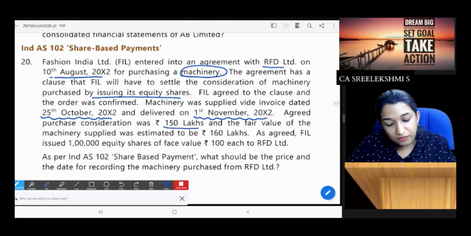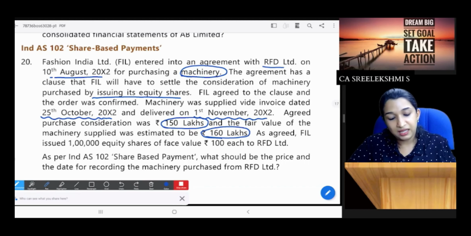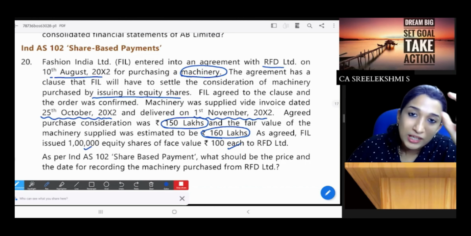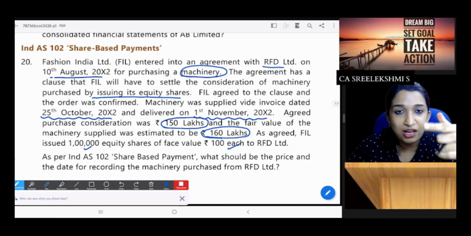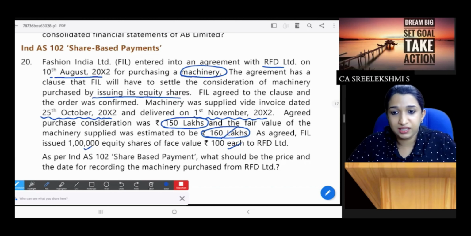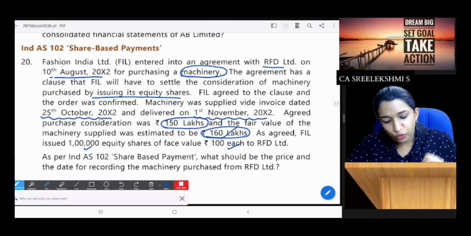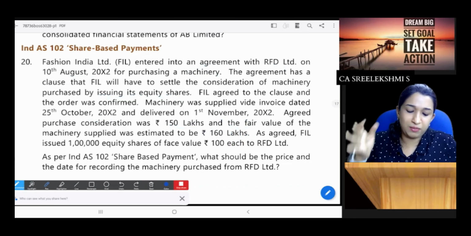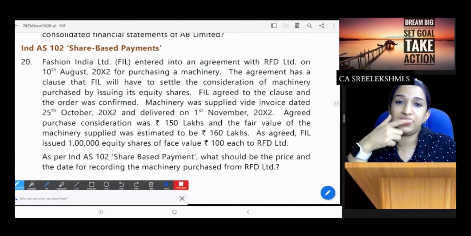Agreed price is 150 lakhs and fair value of the machinery supplied is 160 lakhs. As agreed, FIL issued 1 lakh equity shares. So you purchased a machinery, fair value of the machinery is 160 lakhs, against which you issued equity shares. So as per Ind AS 102, what should be the price and date of recording machinery purchase from RFD Limited?